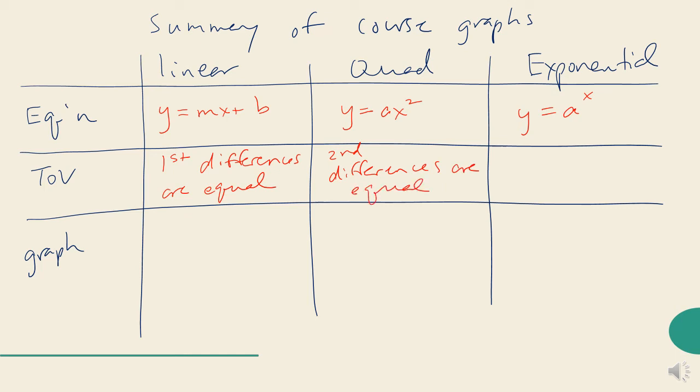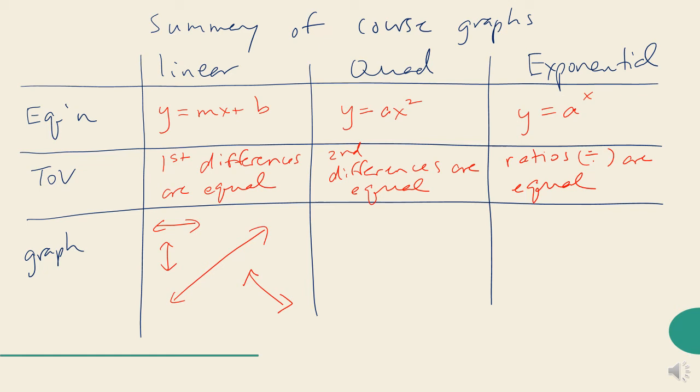And we just learned if it's exponential, ratios, which we'll make a little note here, it means divide, are equal. From a graph, if it's linear, it makes a straight line. So it could be like that, could be like that, could be like that, or it could be like that.